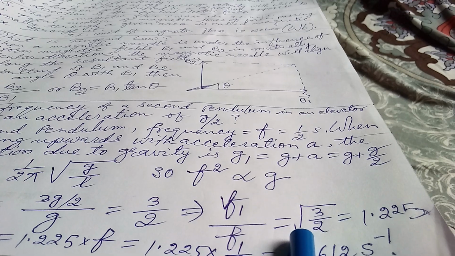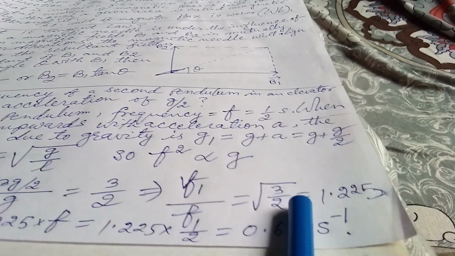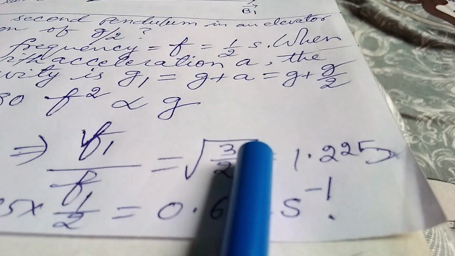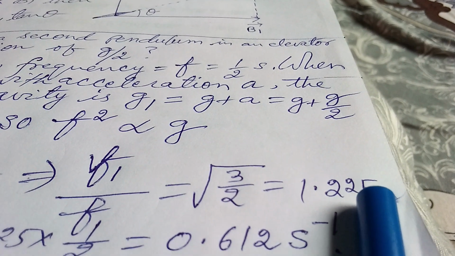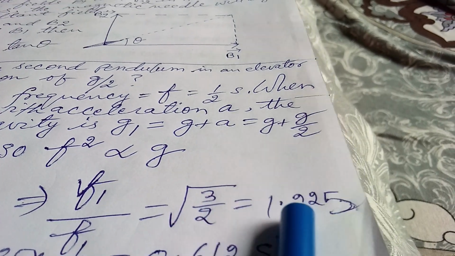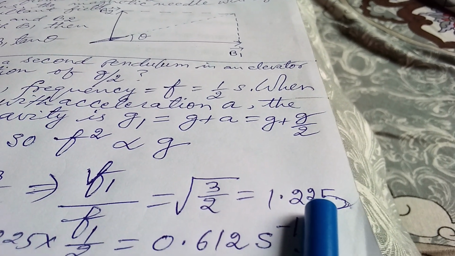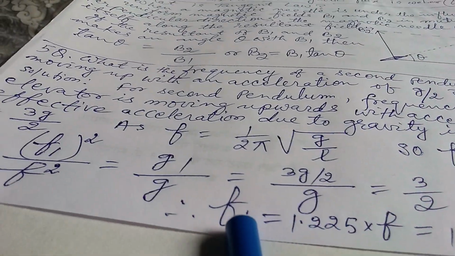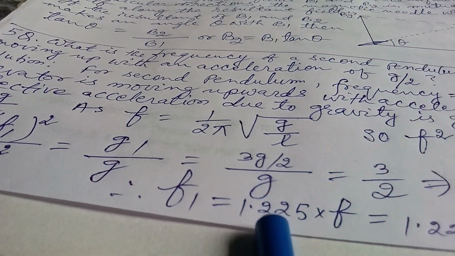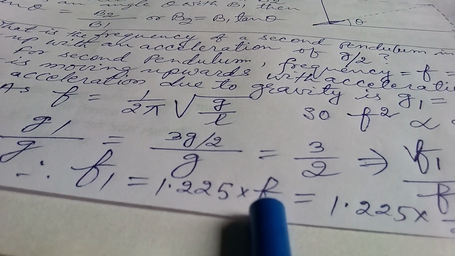So 3 by 2 means 1.5. The square root of 1.5 is 1.225. And therefore f1 equals 1.225 into f.